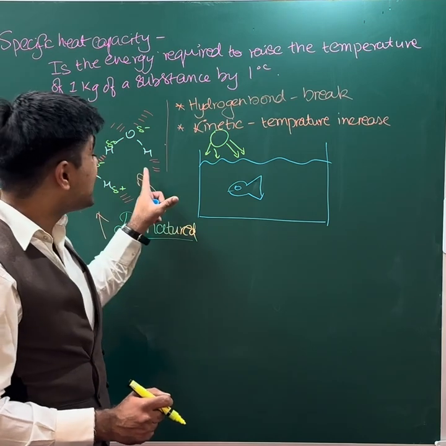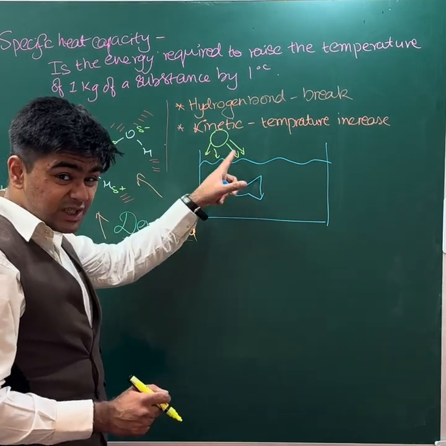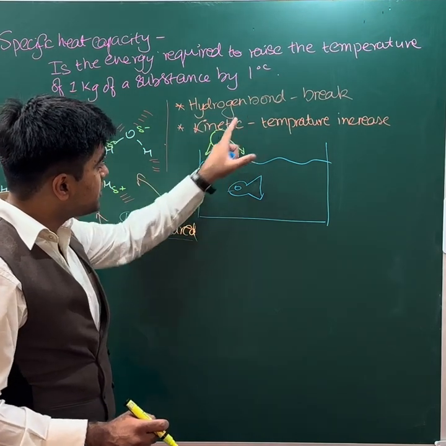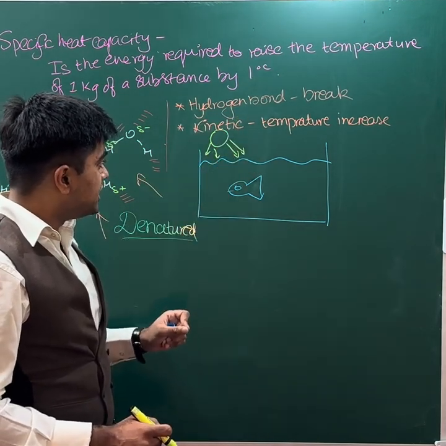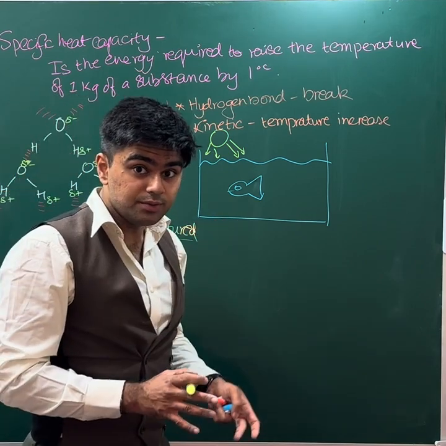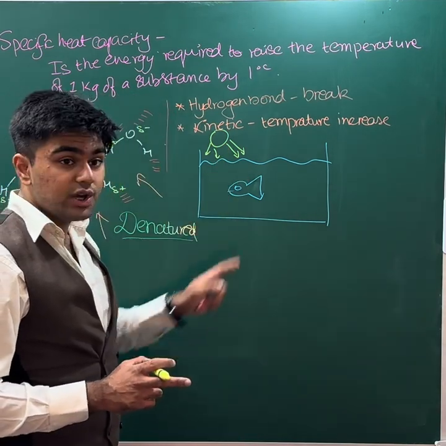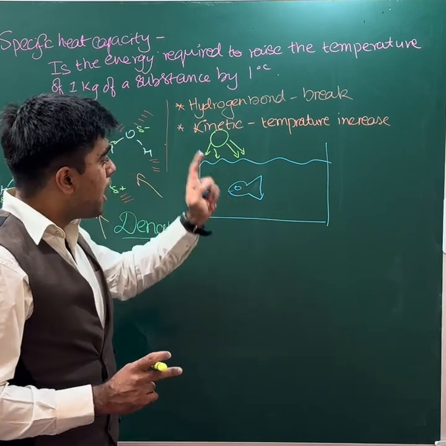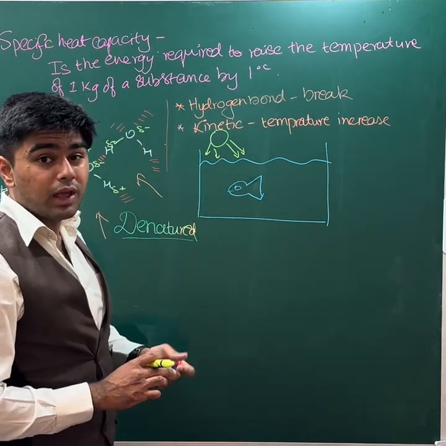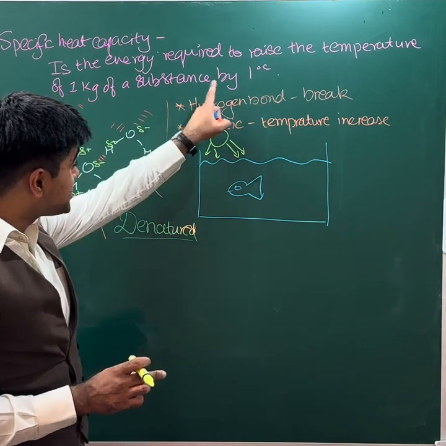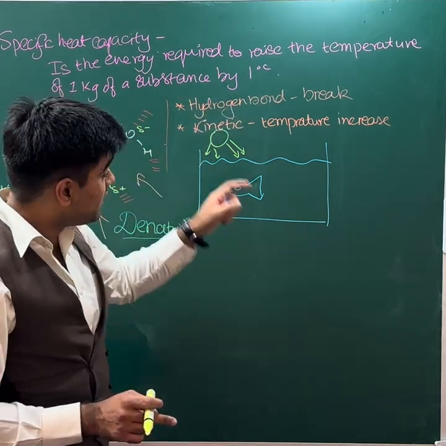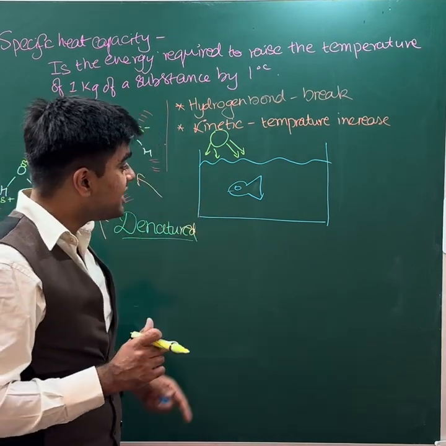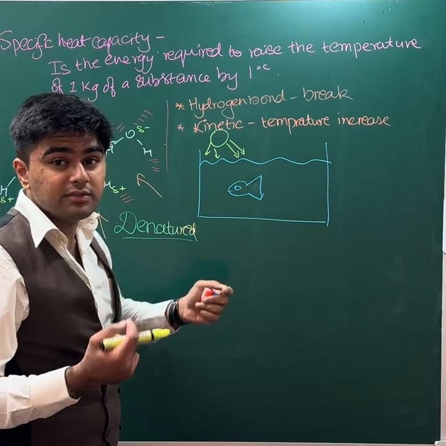But because this thermal energy, okay, this energy coming from the sun, is distributed to two sources, hydrogen bonds breaking and kinetic energy, not all of this energy from the sun will go to the temperature. In other words, because water will require a lot of energy to increase the temperature by even 1 degree Celsius, the sun's thermal energy isn't able to raise the temperature of this water by a lot of degrees.